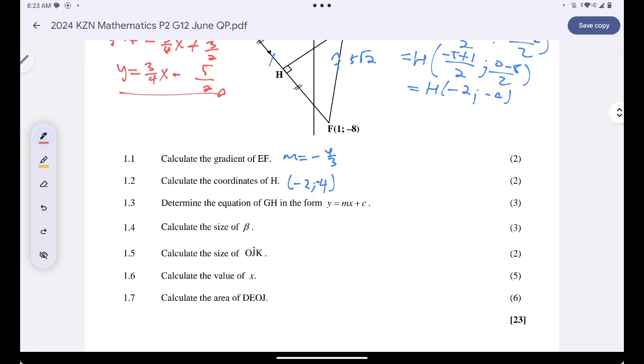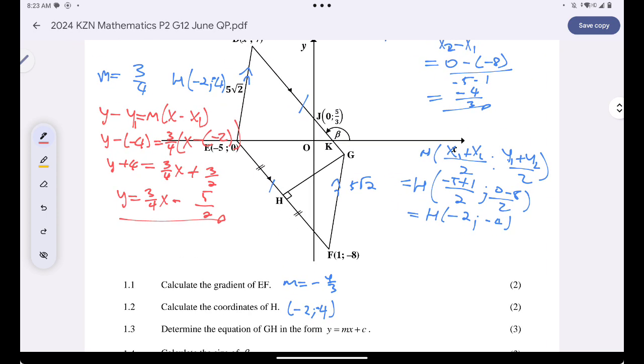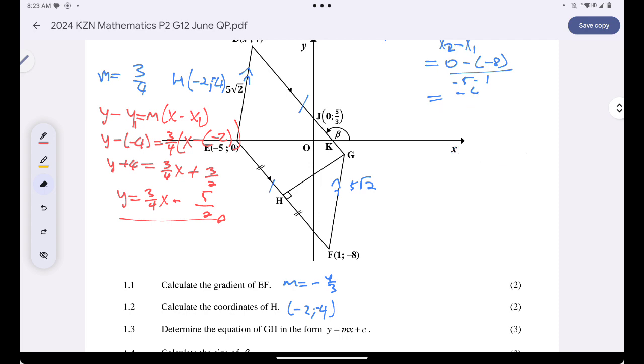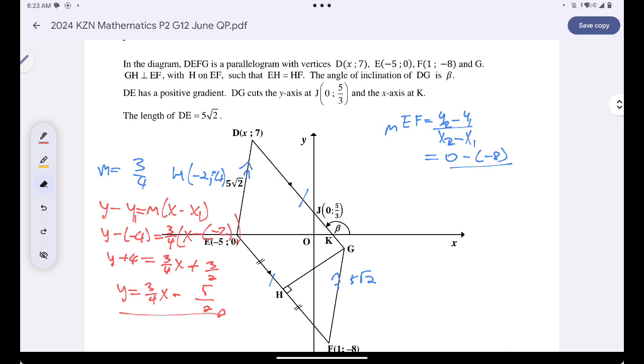Now I'm asked to find the angle beta. How can I find it? Beta is the angle of inclination. Since these two lines are parallel, the gradient is the same here.